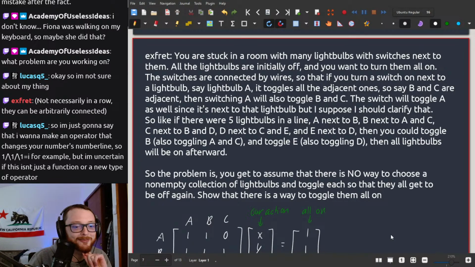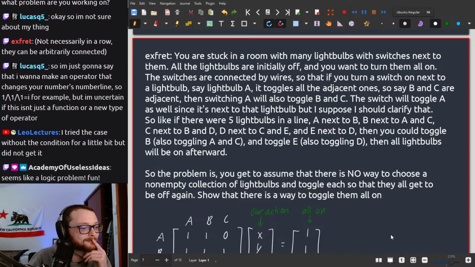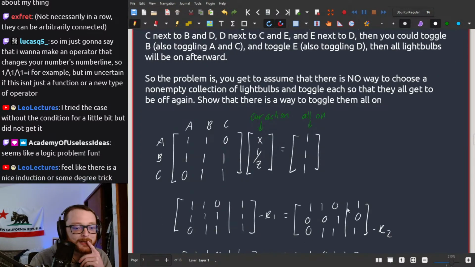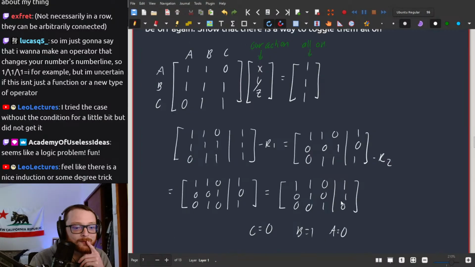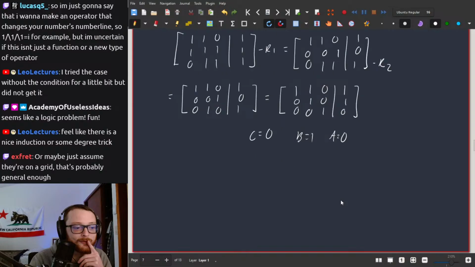Yeah, it's a little hard to describe how they're connected, because I didn't understand it for a while. It depends just how we're defining adjacent. Apparently linear algebra can help with this. I've done it for a simple case, and I got something that makes sense.